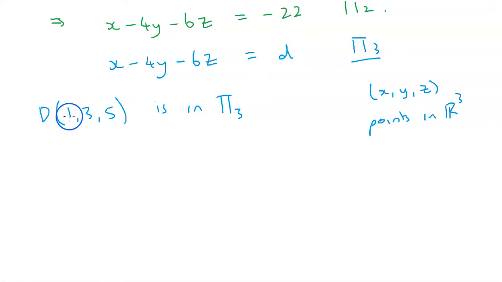Well, since D 1, 3, 5 is in pi3, that means x equals 1, y equals 3, z equals 5 makes the equation true, and so that allows us to find d.